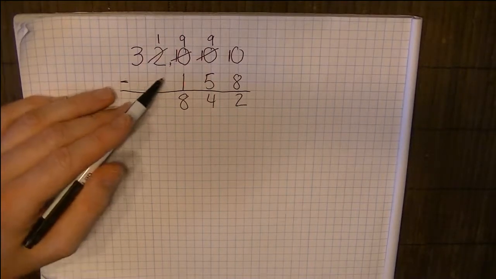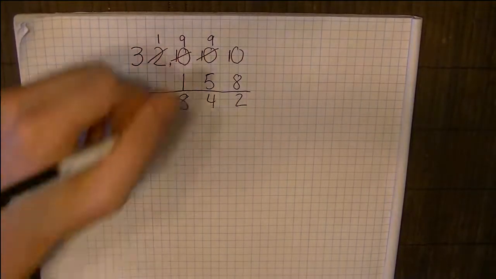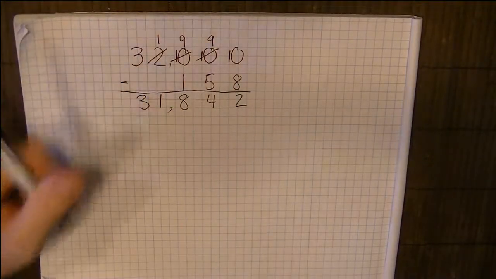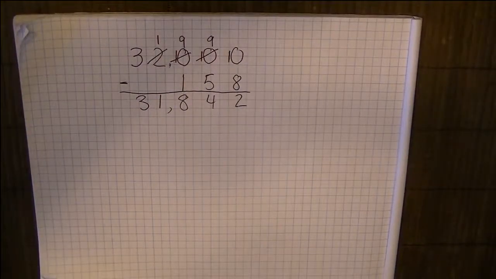There's 0 in the thousands column. There's nothing in the thousands column. So 1 minus nothing is 1, and 3 minus nothing is 3, leaving us with 31,842. All right? So now you have everything you need to go practice some subtraction. Enjoy. Next up, multiplication.